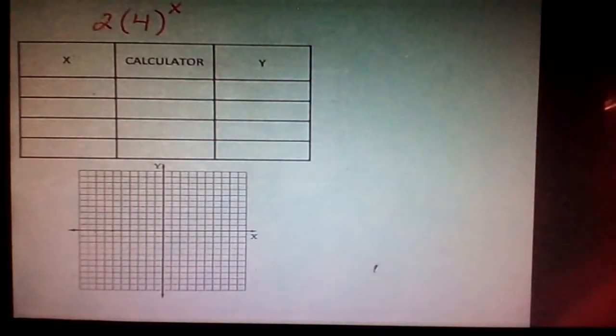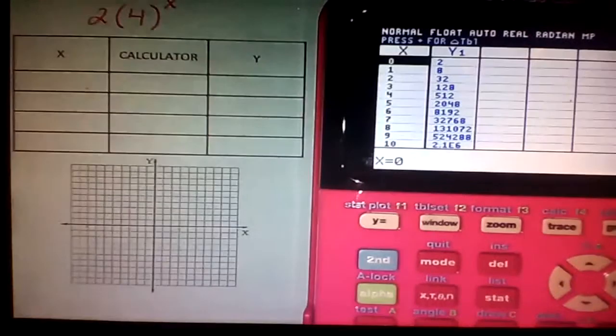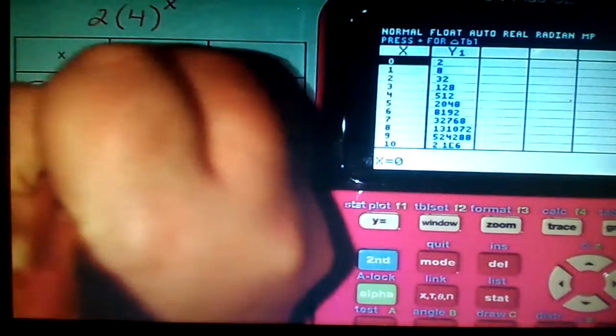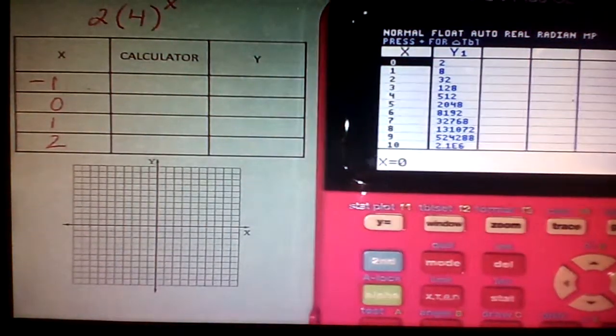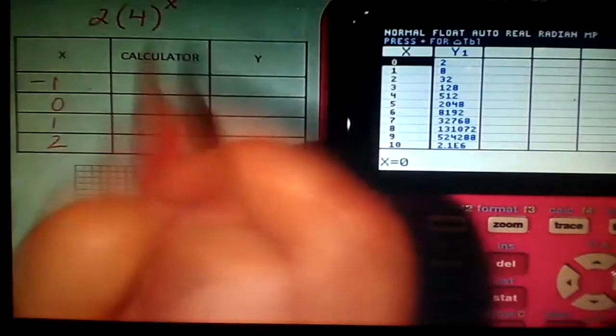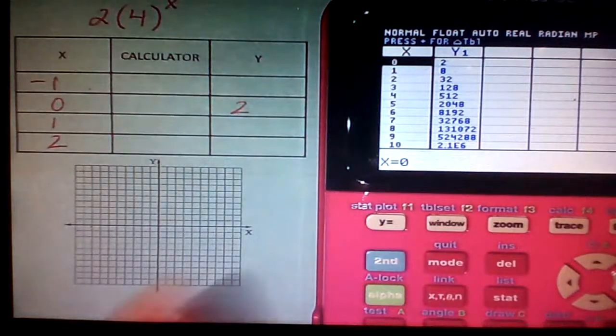Okay, to get the table of values, they want us to find when x is -1, 0, 1, and 2. So right now from your table, you should see when x is 0, y is 2. Second graph.